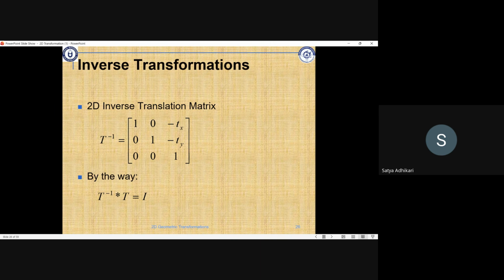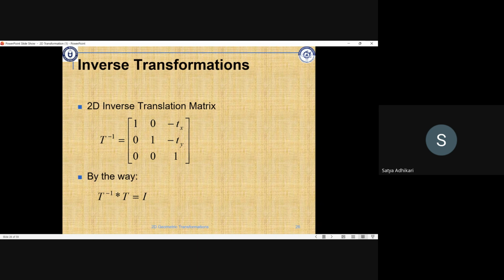So far we have discussed the three types of transformation, translation, rotation and scaling, and how to convert a 2D matrix of translation, scaling and rotation into their homogeneous representation, that is the matrix of order 3.